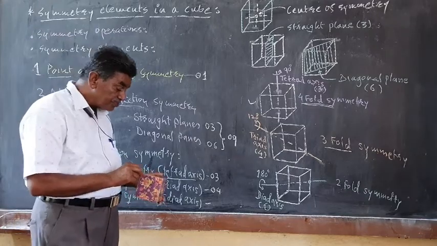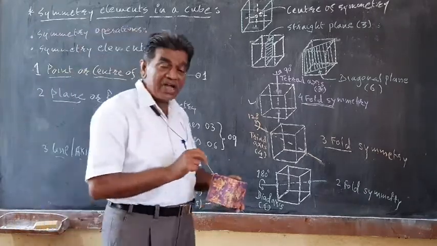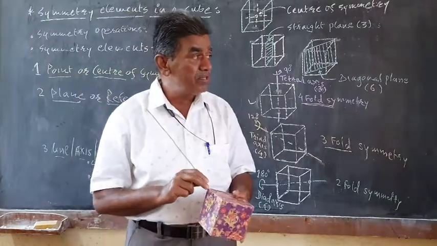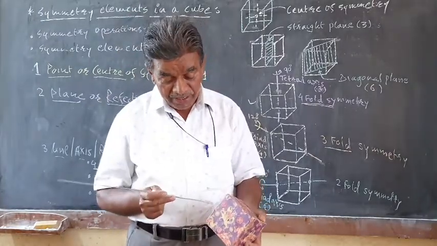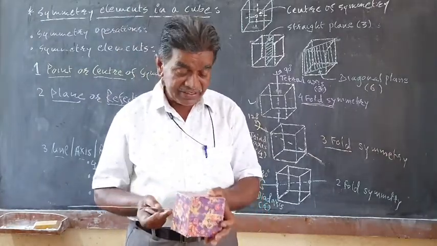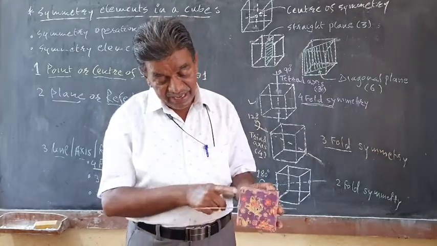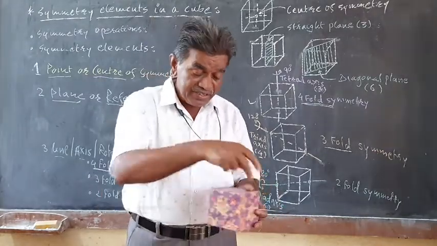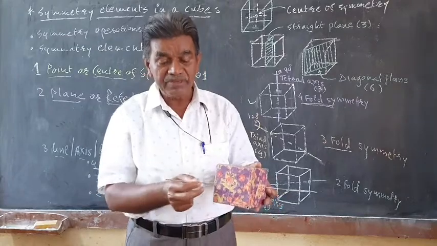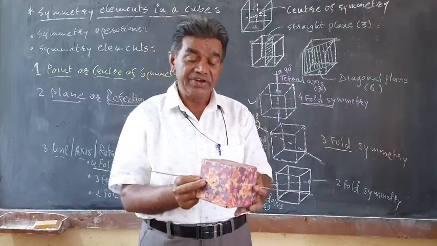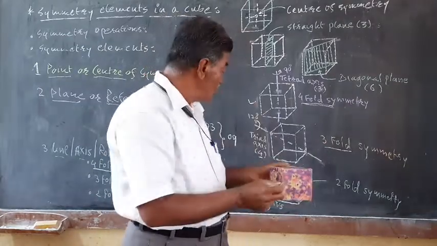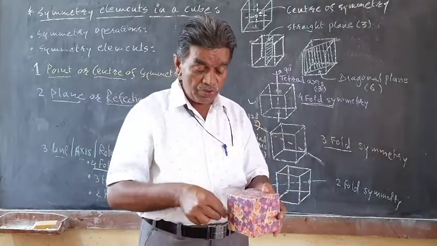While if the cube is rotated about the line passing through the midpoints of opposite edges, like this. This is the edge, the opposite edge is this. We can consider the line passing through the midpoints of the edges here, through 180 degrees. So you have to observe here.